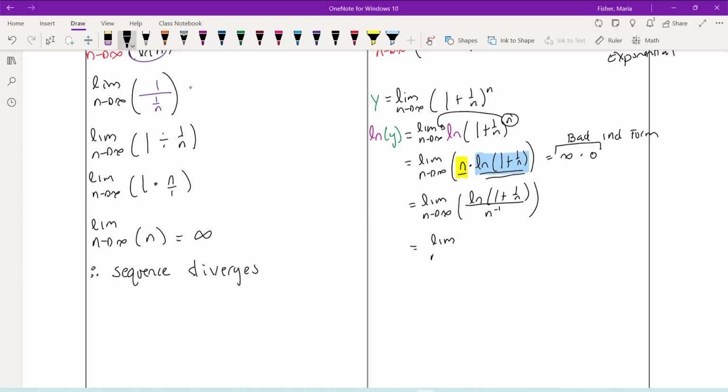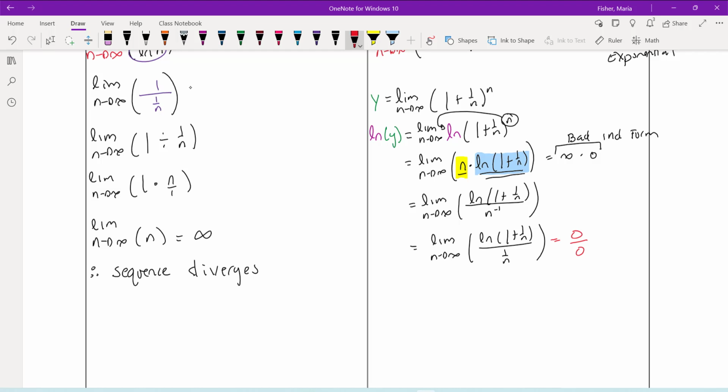We know n to the negative first is equivalent to 1 over n. Therefore, I'm really looking at the limit as n goes to infinity of the natural log of 1 plus 1 over n, divided by 1 over n. Well, now what are we? We are now the natural log of 1, which is 0, over 1 divided by infinity, which is 0.